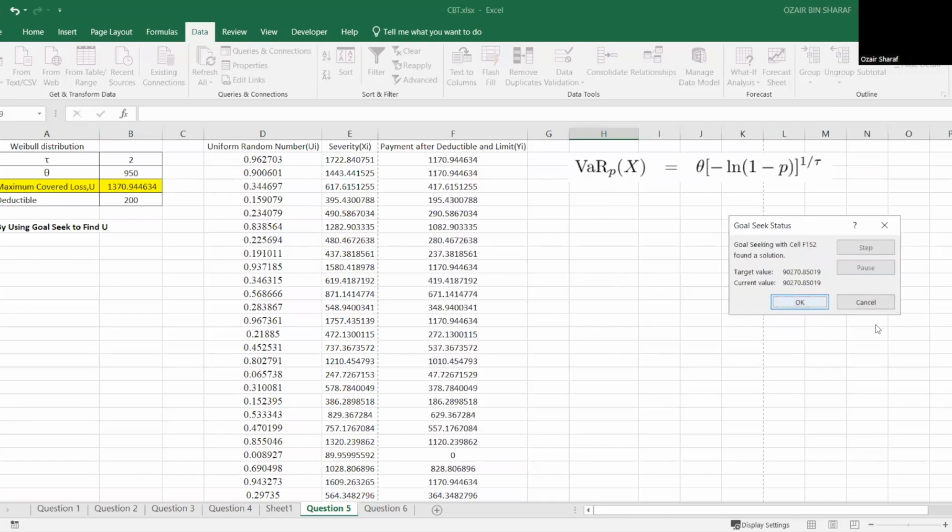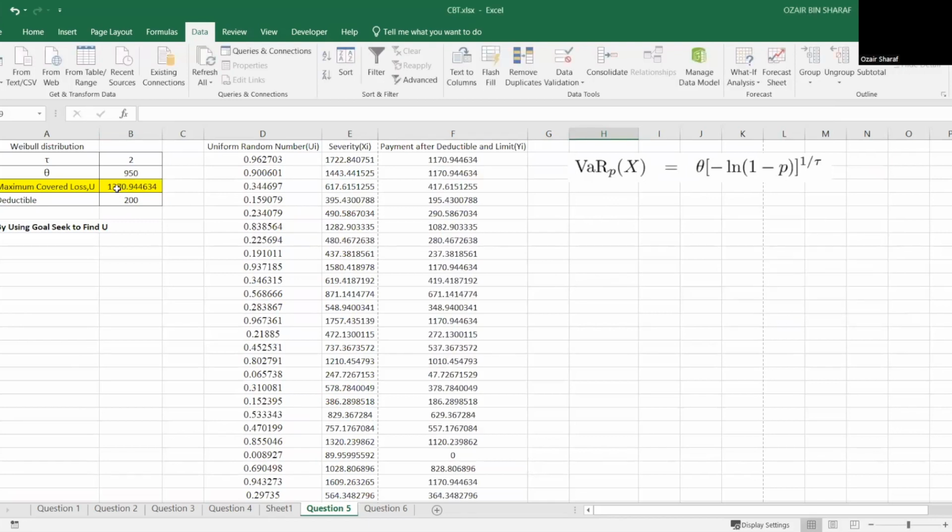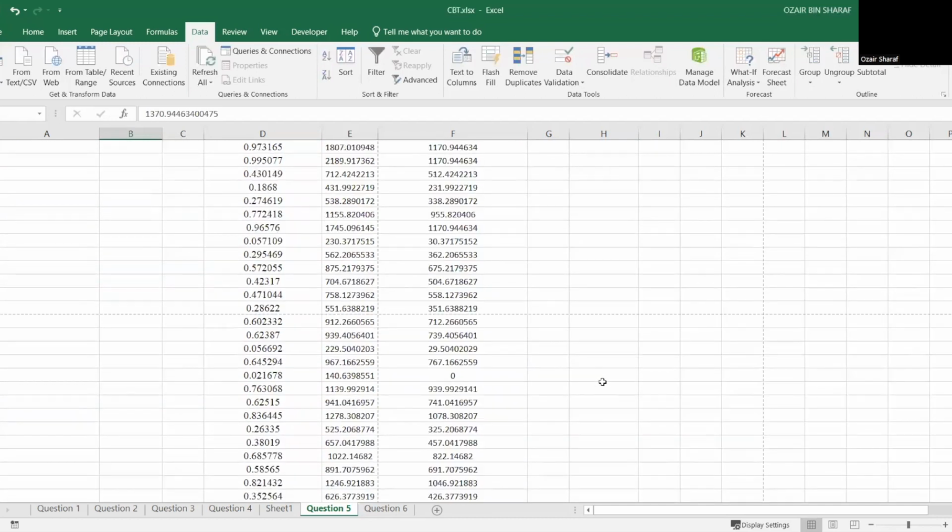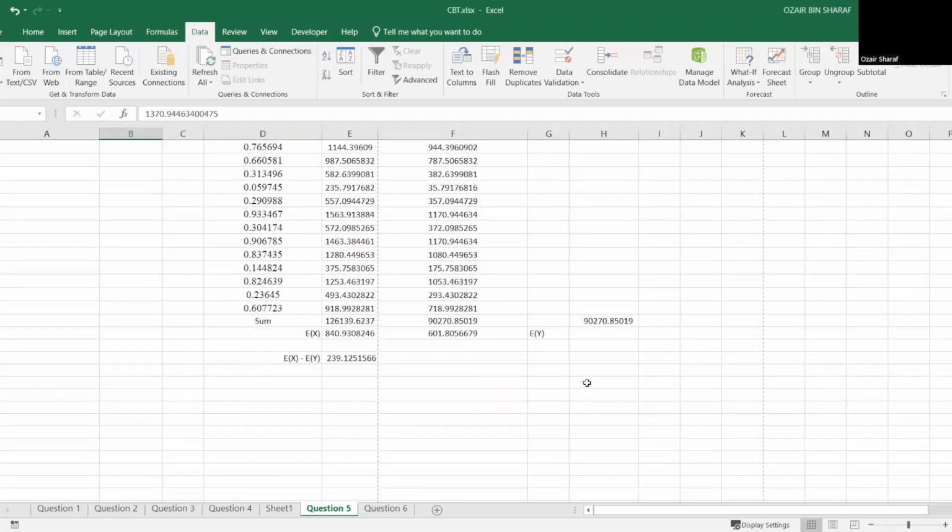Hence we get the final answer of 1370.95, and these two match as well.